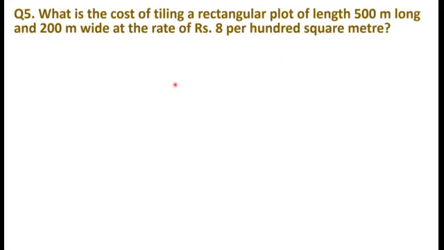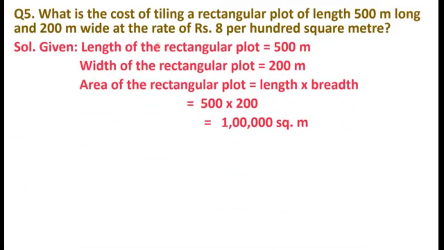First of all, we'll find area of the rectangular plot. So we have here length of the rectangular plot is 500 meter and width of the rectangular plot is 200 meter. So area of the rectangular plot will be equal to length into breadth, that is equal to 500 into 200. So we get 1 lakh square meter as area of the rectangular plot.